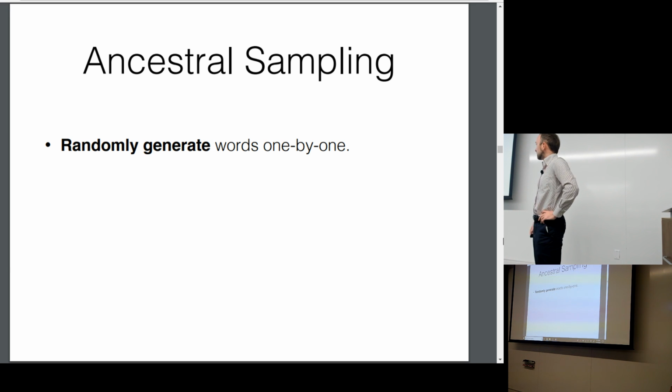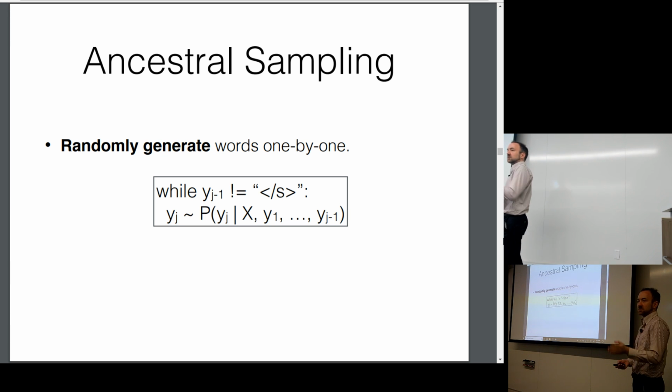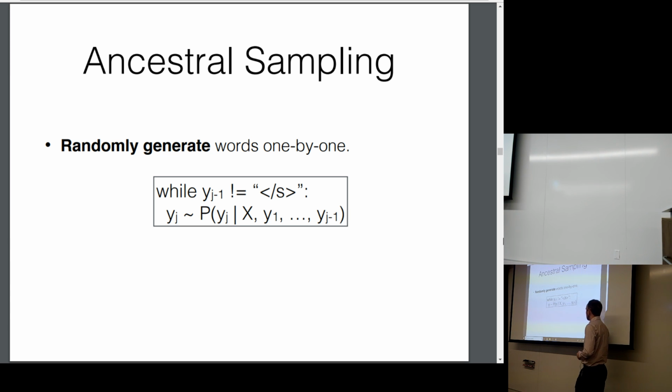Our language models, or conditional language models, make this very easy for us because each time we can sample the first word in the sentence first, then the second word, the third word, and continue to go through until the end of the sentence. The way this looks is a while loop. Until we reach the end of sentence symbol, we generate the next symbol conditioned on all the symbols that we previously generated.